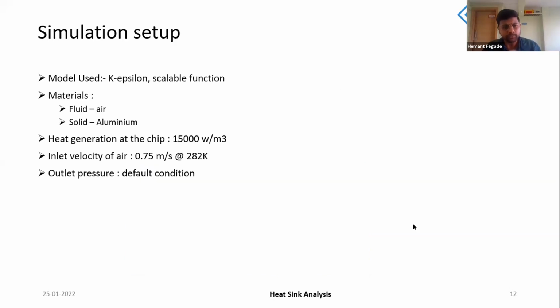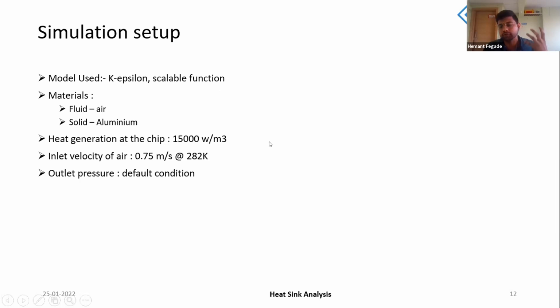Now let's quickly talk about the simulation setup that we are having. Basically, when you're talking about a simulation setup over here, you will use the model called k-epsilon scalable wall function. Materials are fluid, where fluid is defined as air.